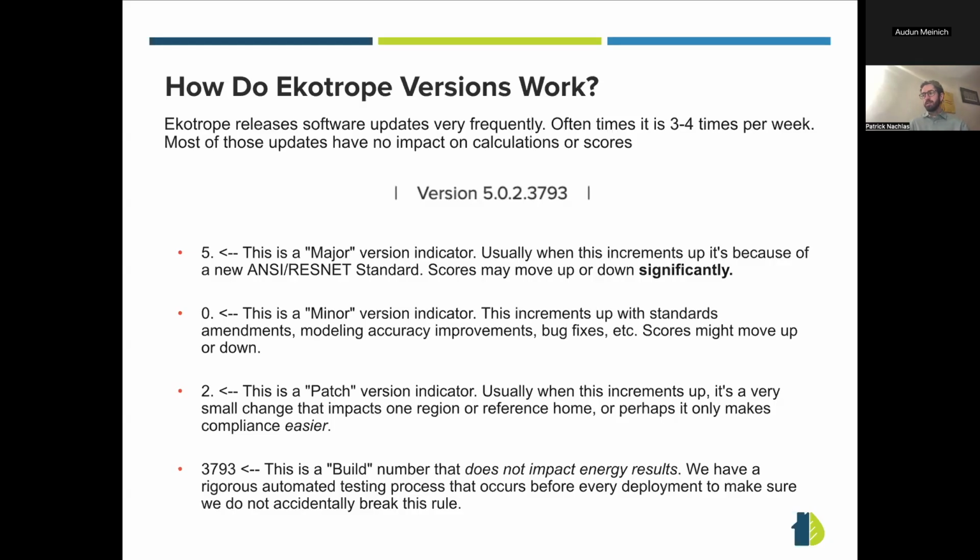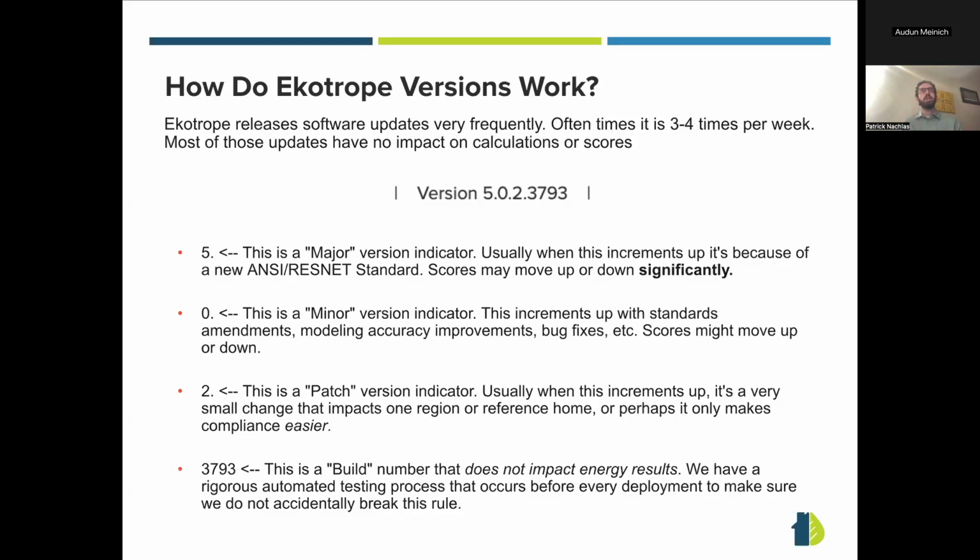And then the 2, this last number, this is a patch version. And this is a very, very small change that impacts a region or a specific reference home. And it likely only makes compliance easier. Patch versions we typically don't release if they will make compliance more difficult. This would be something like, there was something we did this year.